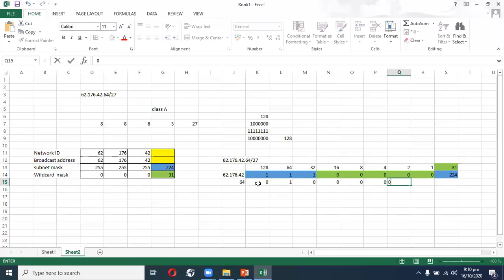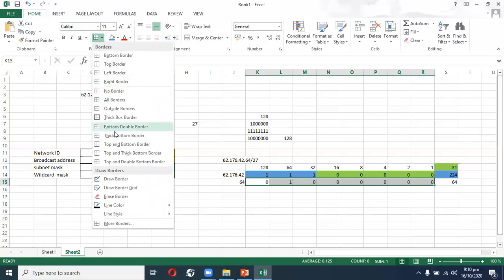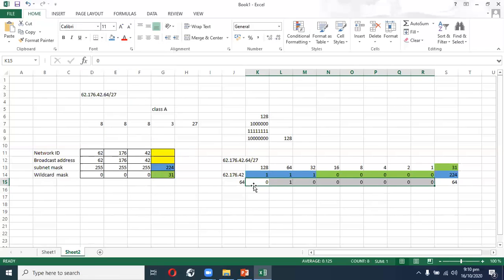This is our 64. Now let's add these two numbers. When we add 0 and 1, we get 0. When we add 1 plus 1, it is 1. The rest are all zeros.